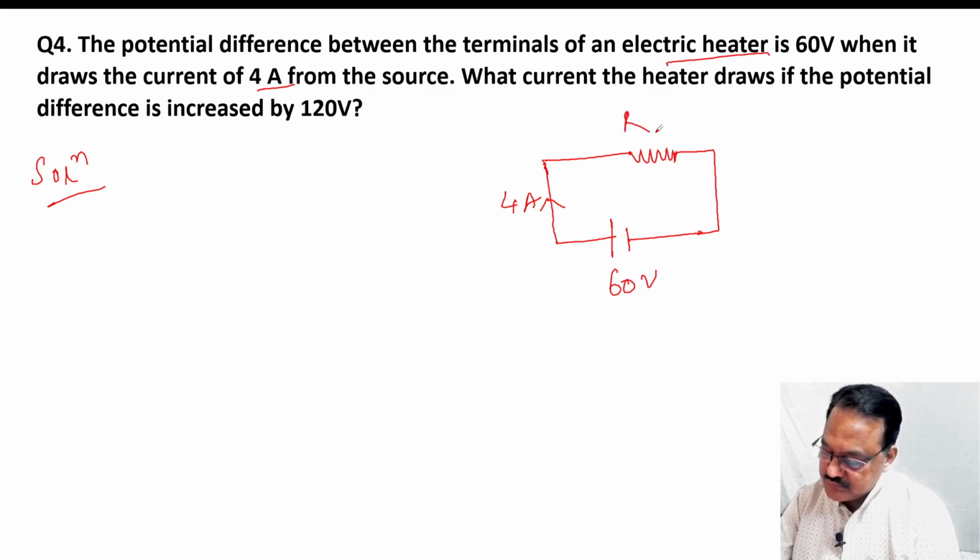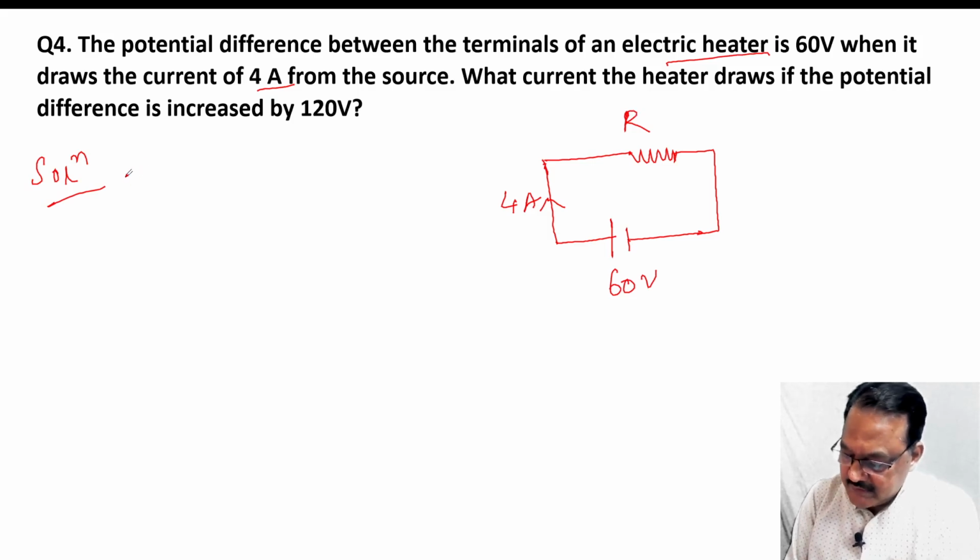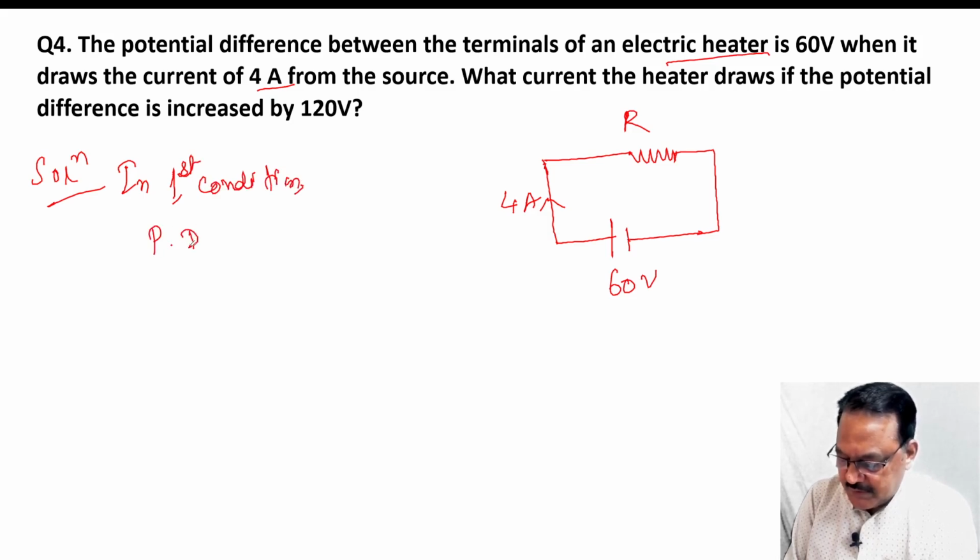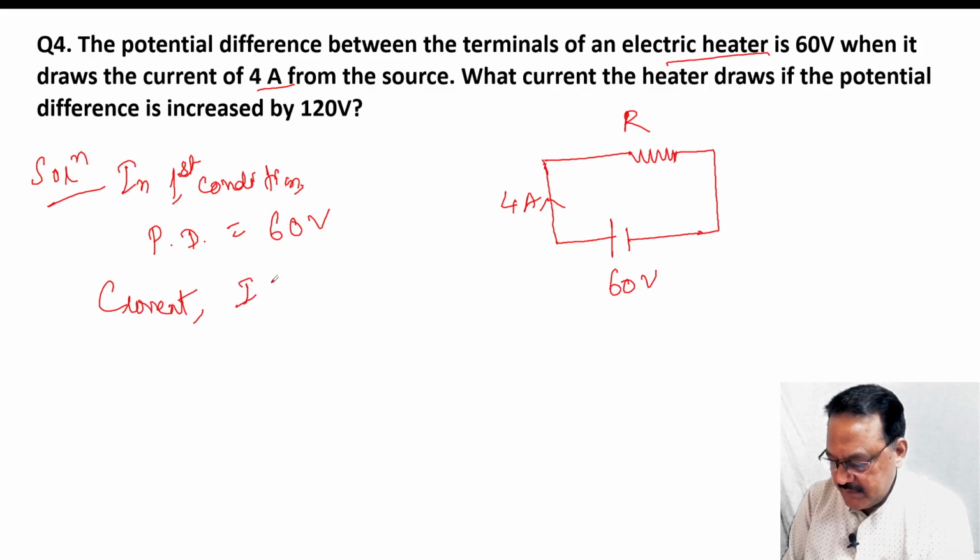Let us suppose this is R. So we can write, in first condition, the potential difference is given 60 volt, and the current I flowing in this condition is given 4 ampere.